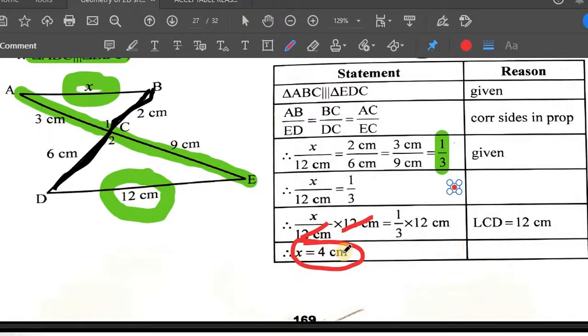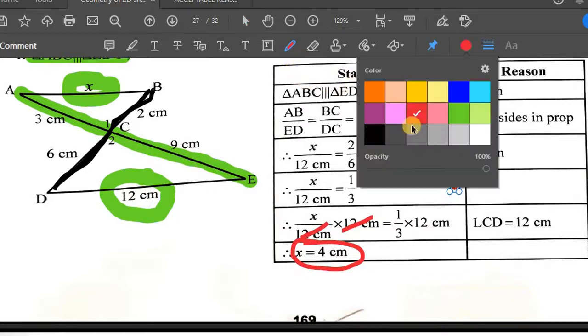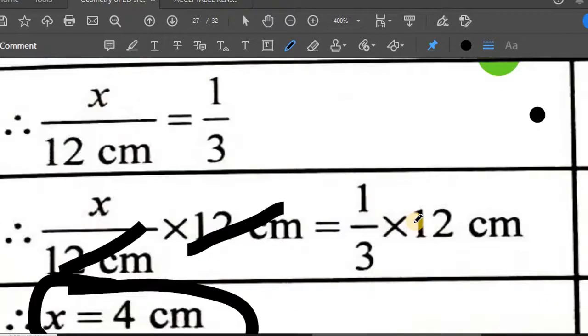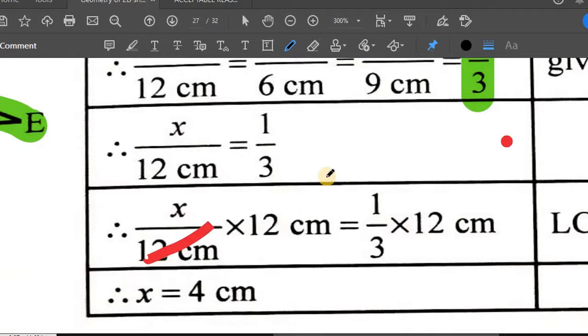Right? My method. Okay, yes, almost forgot about that. Let's check my method now. So I'm left with x over 12 is equal to 1 over 3. I cross multiply, right? Meaning I'm now going to have x times 3 is 3x.